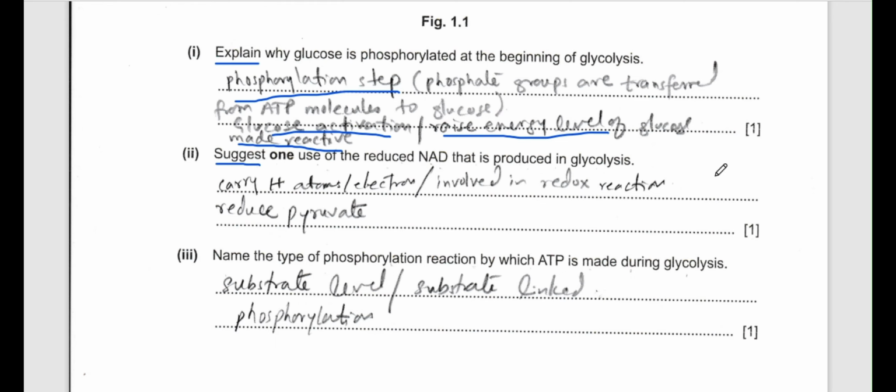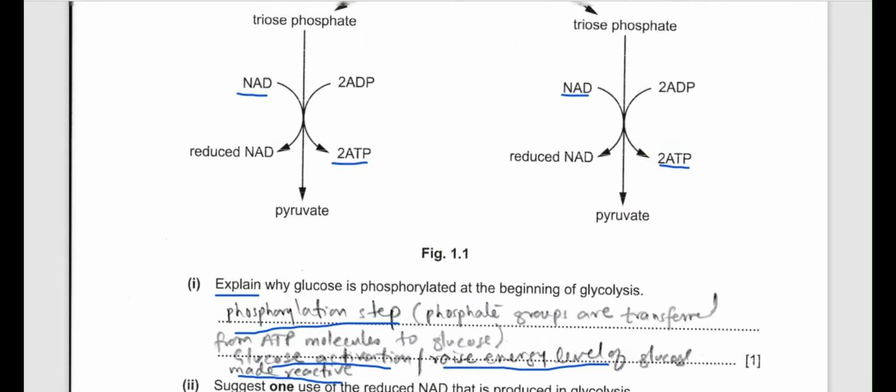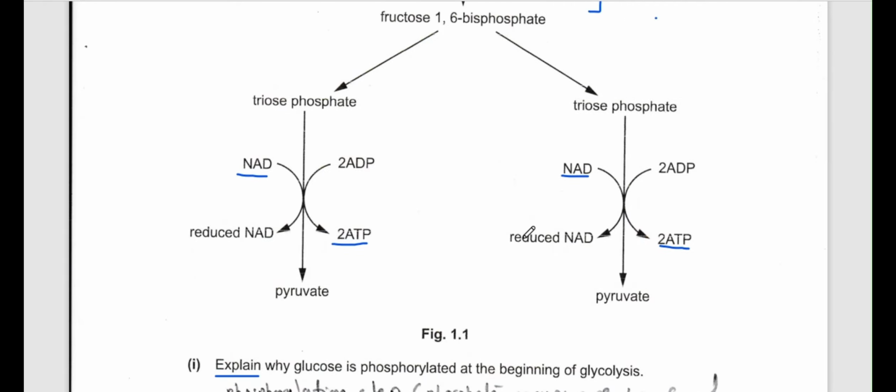So if you see, I already talked about that you are producing two reduced NAD molecules at the end of the glycolysis.